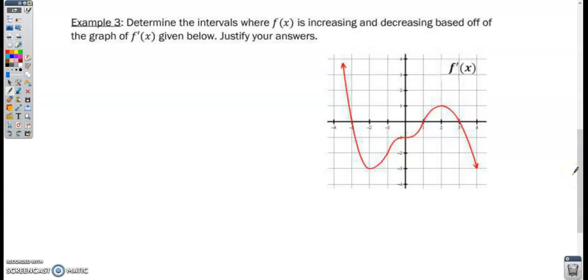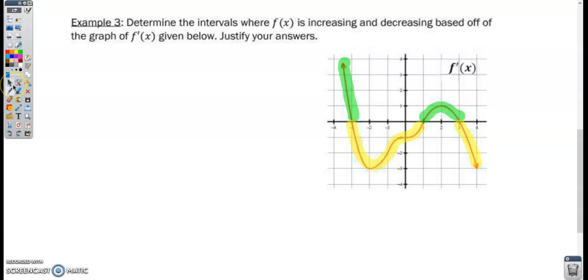Determine the intervals where f of x is increasing and decreasing based off of the graph of y equals f prime of x given below. Justify your answers. Well, in order for it to be increasing, the derivative has to be positive. Since this is a graph of the derivative, it is positive where the graph is above the x-axis, and negative where the graph is below the x-axis.